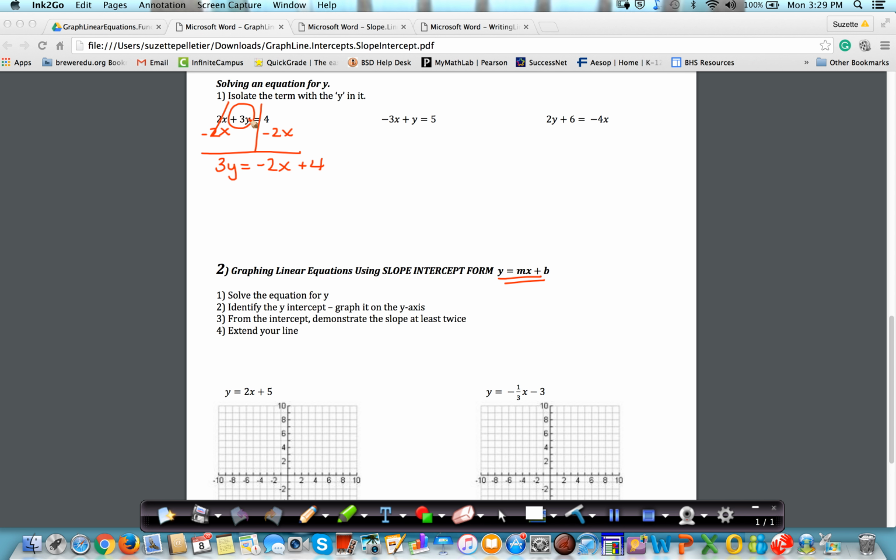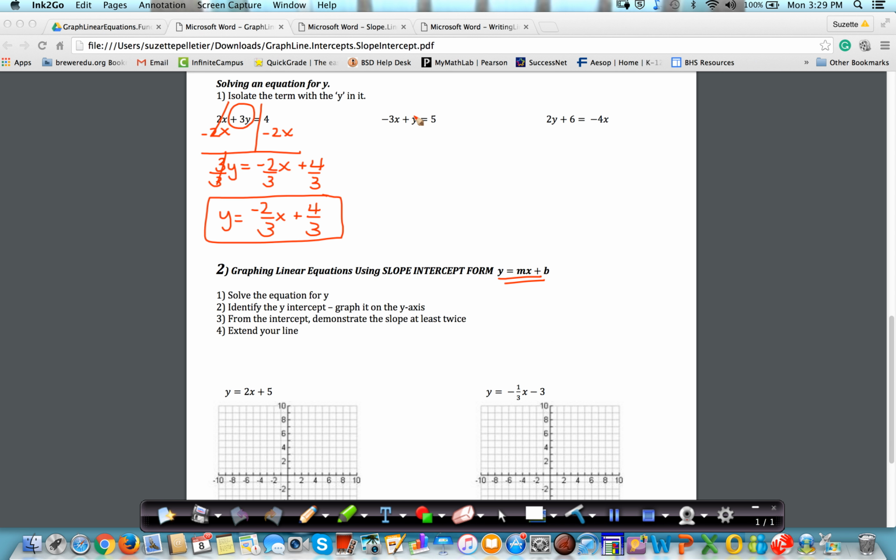Okay, so I got the term with the y in it all isolated by itself, but the y is still being multiplied by 3. So to undo multiplication, I have to divide every single term. y equals -2/3 x plus 4/3. So I solved it for y.